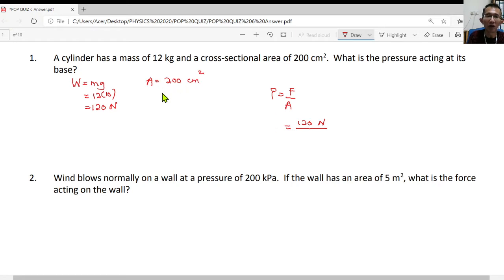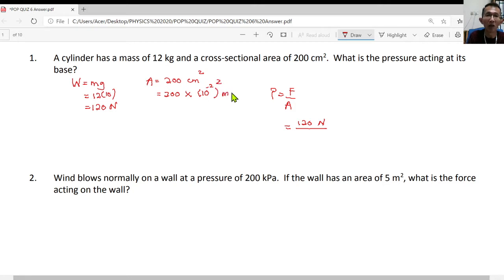As I mentioned earlier, we don't work with centimeter, so we are going to convert that into meter. So I have 200 times centi, which is 10 to the power of -2, but our centi is being squared, so I have to put a square up here.